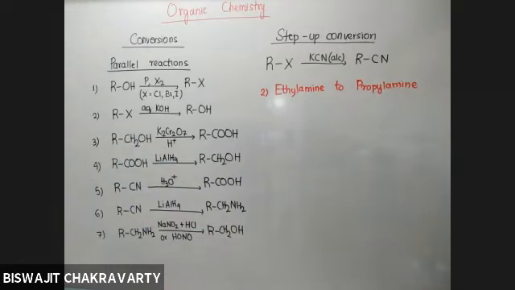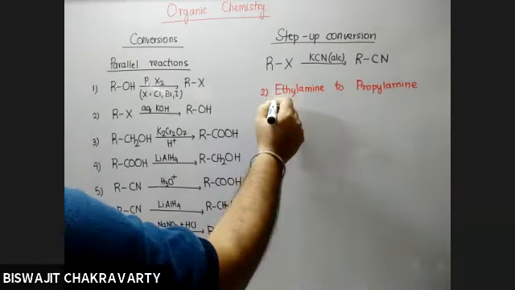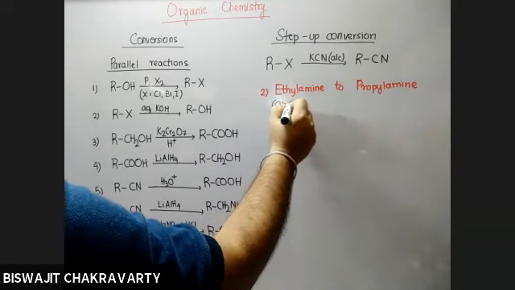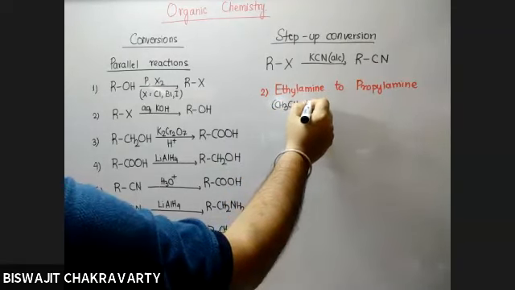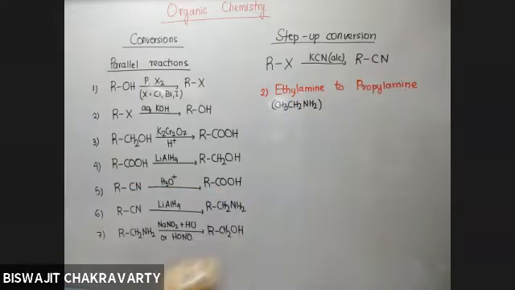Okay, tell me, ethylamine, what do you think will be the formula? What is an amine group? CH3CH2NH2. Very good. This is ethylamine. Ethyl group is CH3CH2. Amine group is NH2. And propylamine, what will be the formula?